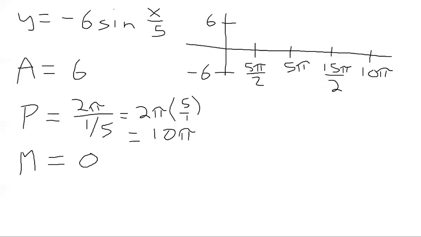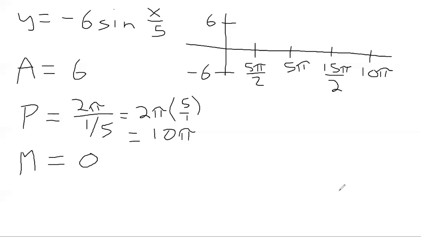I'm going to change over to a different color here. Now a sine function starts on its midline. And with the midline being 0, I'm going to start at 0. With it being a negative out in front of the sine, instead of going up to start with, I'm going to go down.